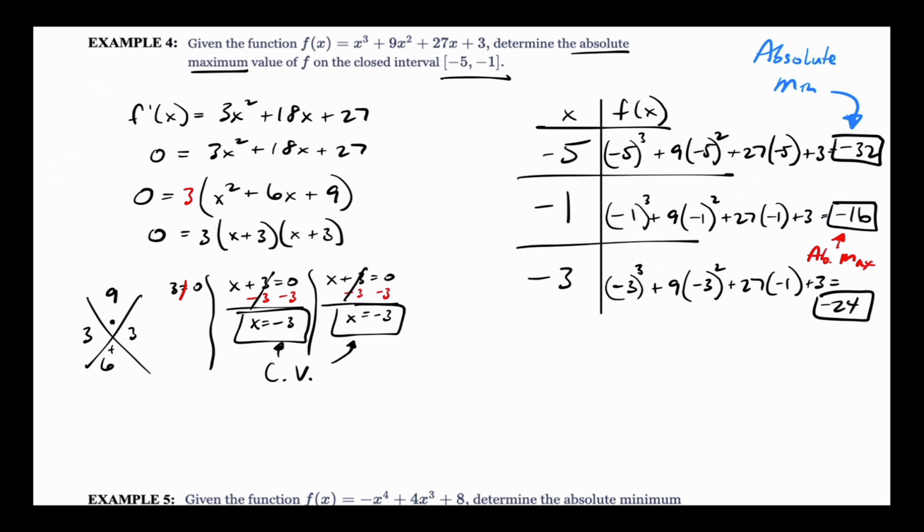Okay. So we would say absolute max occurs at -1, -16. So if I was to graph that from -5 to -1, the highest point would be at -1, -16.